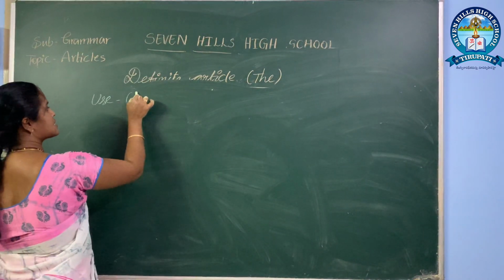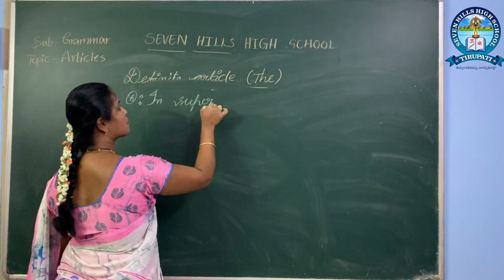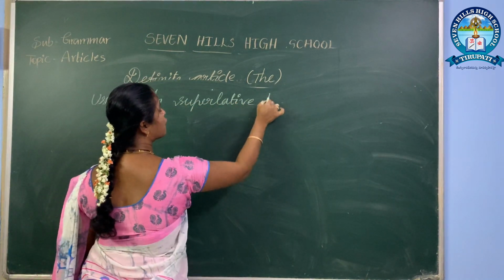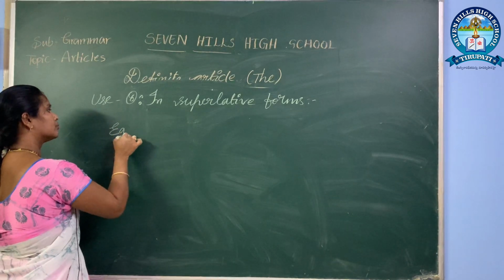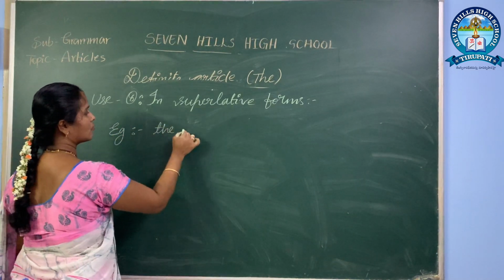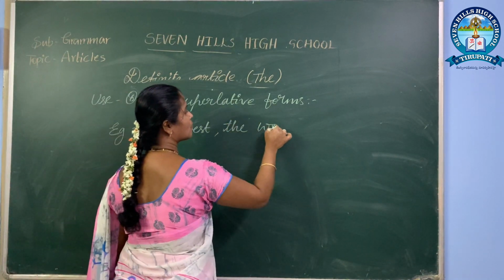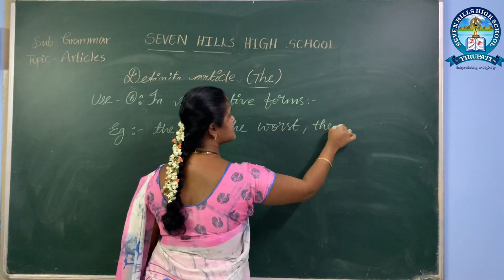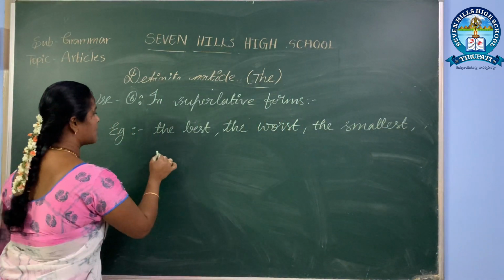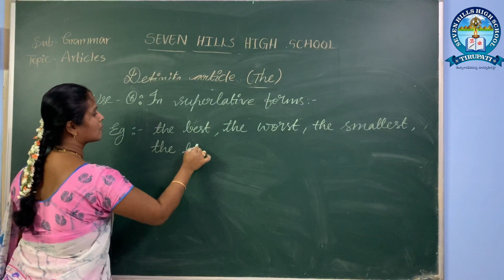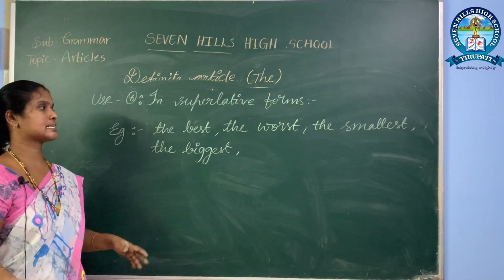In superlative forms. For example, the best, the worst, the smallest, the biggest, the oldest, the least, the happiest.